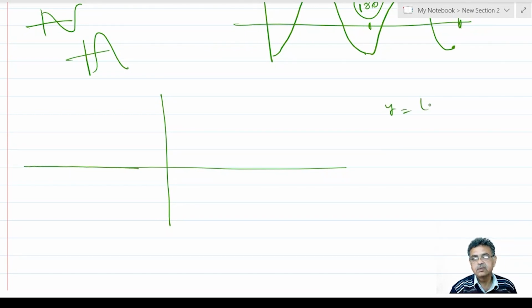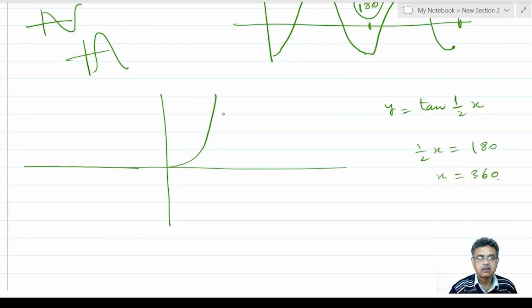Y is equal to tangent half x. Now half x is equal to 180 degrees, x is equal to 360 degrees. So the graph will be this way.